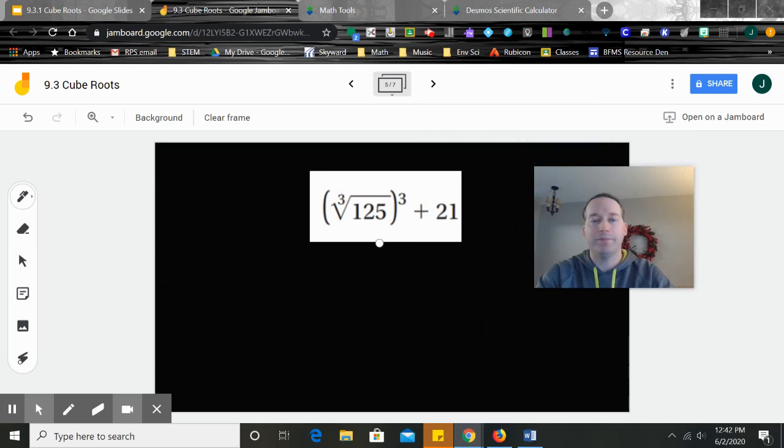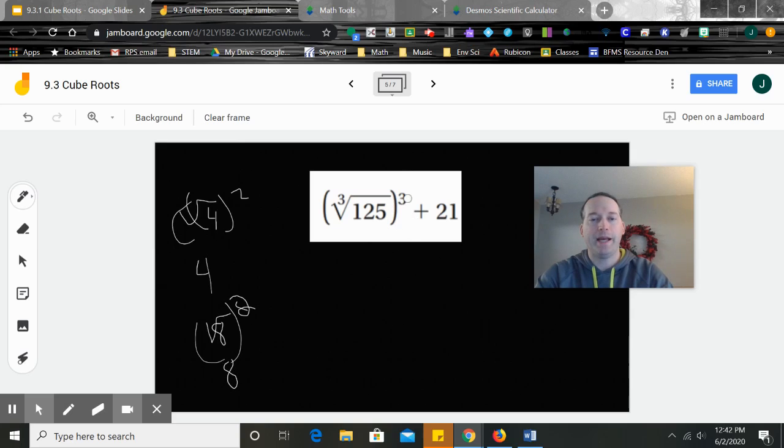Okay. Now we come here. Oh, a little bit more complicated. Really not that bad. So this is the cube root of 125, cubed. Well, if you guys remember, we did something like this before. The square of the square root of 4 is 4. The square of the square root of 8 is 8.